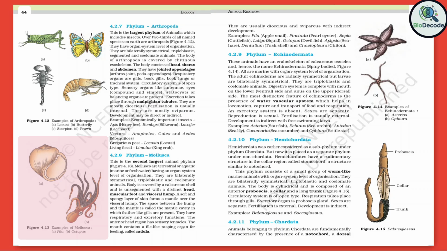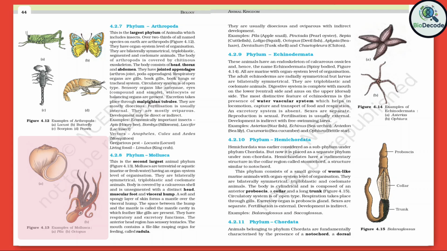Pila, the apple snail, has a coiled shell and a soft, unsegmented body divided into head, muscular foot, and visceral hump. The mantle secretes the shell and encloses the mantle cavity, which houses gills for respiration. Octopus, a shell-less cephalopod, shows extreme adaptation for an active predatory lifestyle.